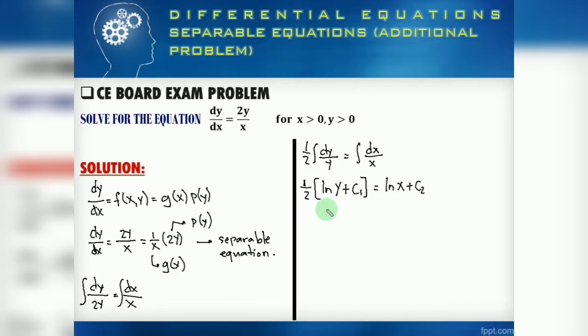After that, we need to distribute this 1/2 to each term inside the bracket.